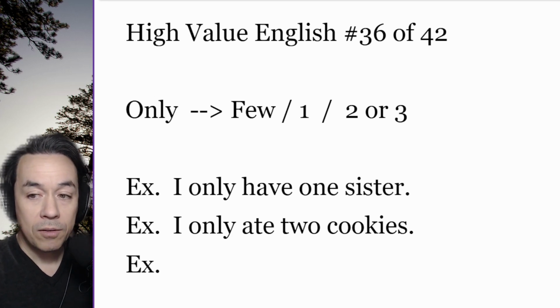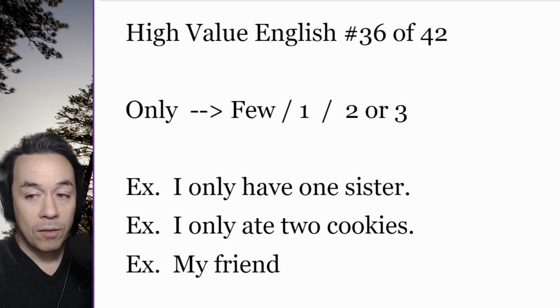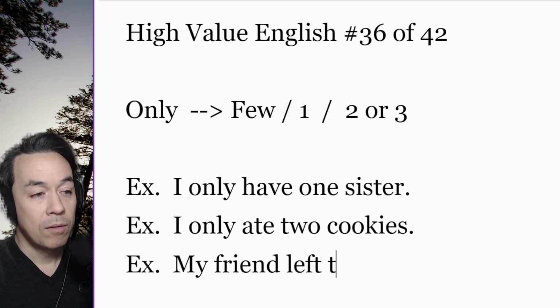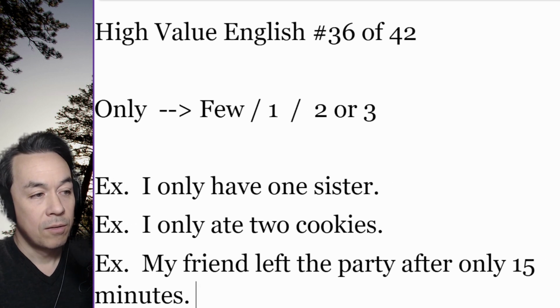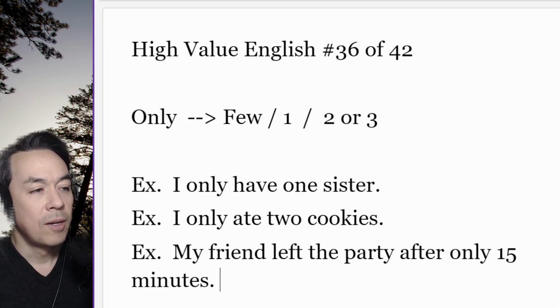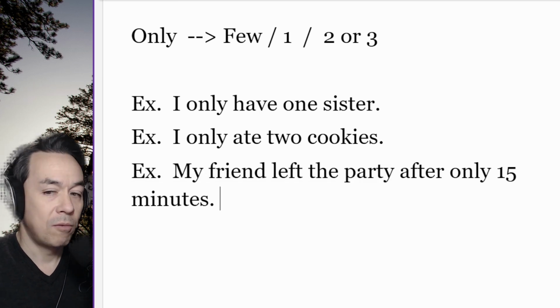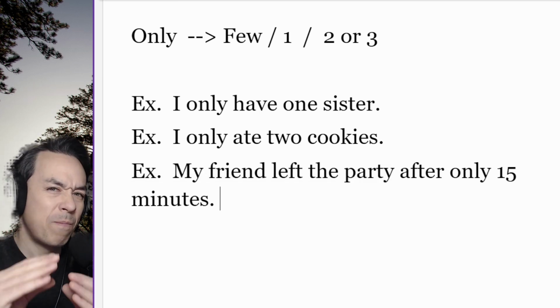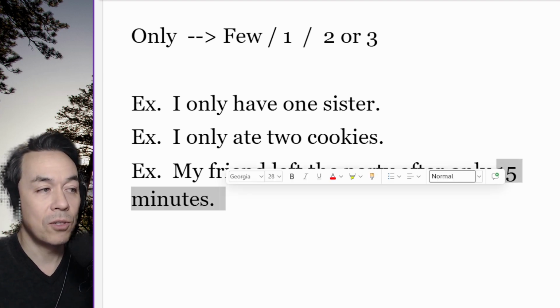And how about, my friend left the party after only 15 minutes. Okay, so now again, it's about the party. Well, how long is a party? Maybe 1 or 2 hours. Well, this is the very short few minutes version, 15 minutes.